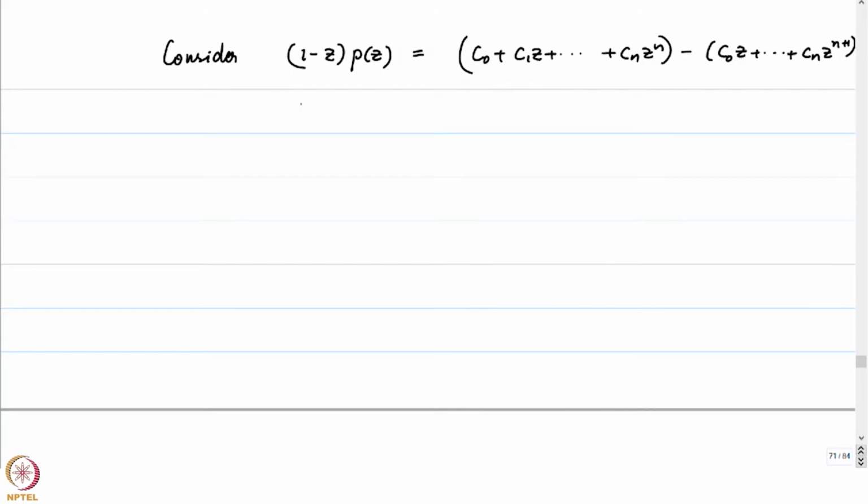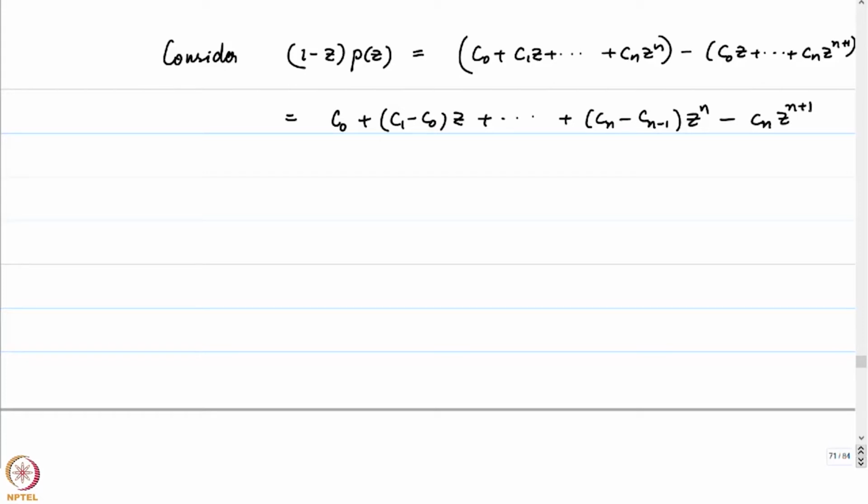If we rewrite this, this will just be equal to C0 plus C1 minus C0 times z plus up to Cn minus C(n minus 1) times z to the power n minus Cn z to the power n plus 1.